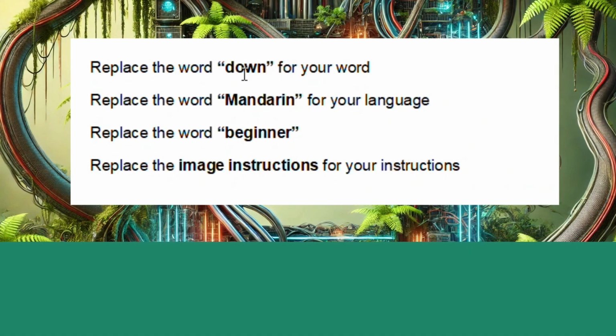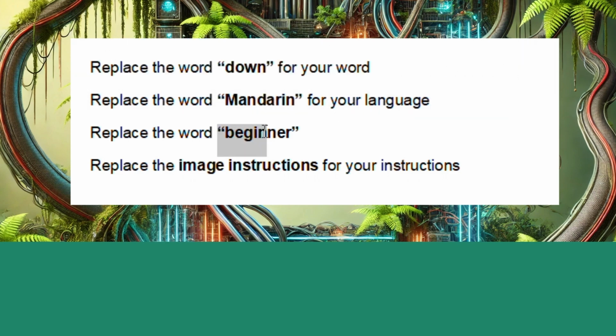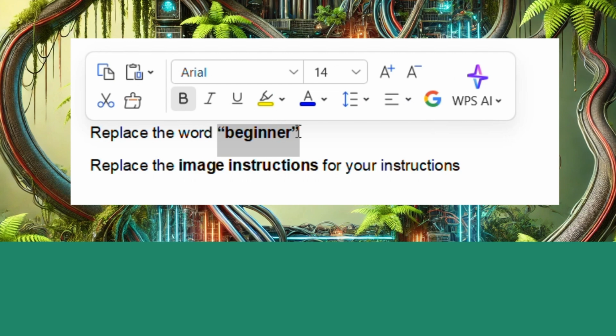As I mentioned, I will copy the template in the description below. So all you need to do is replace the word down for your word, then replace the language that you want from Mandarin to your language. Replace the word beginner if you believe you are at the elementary, intermediate, or advanced level. So you can change it to one of those three.